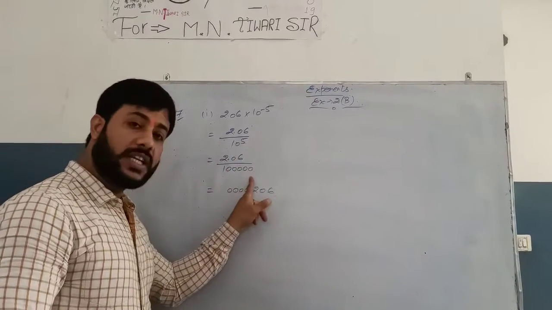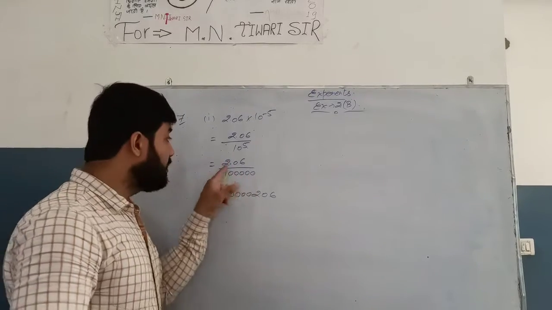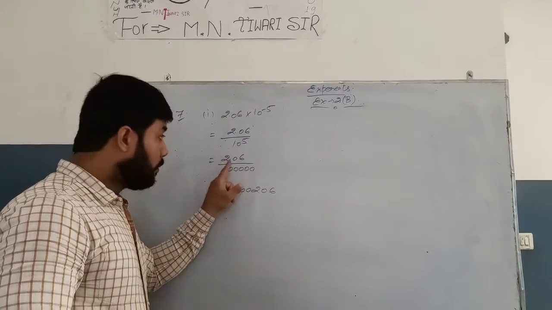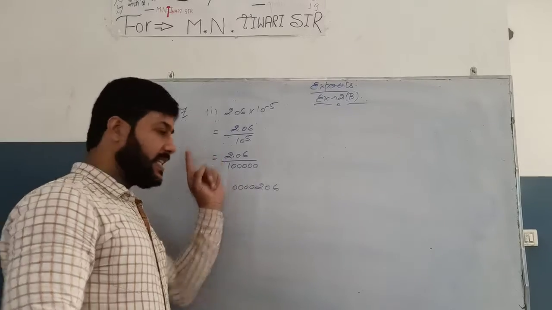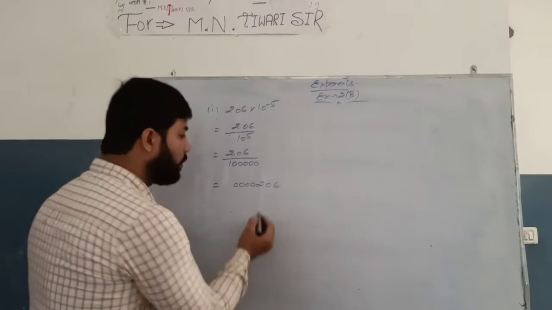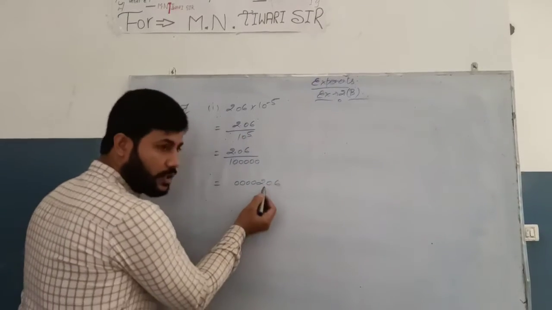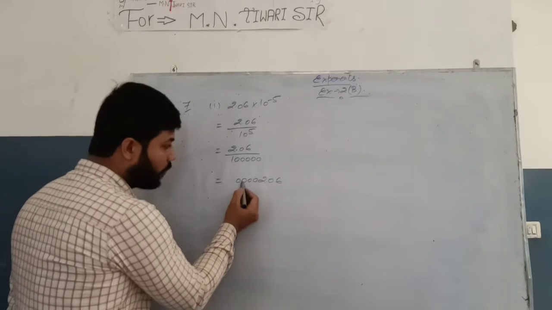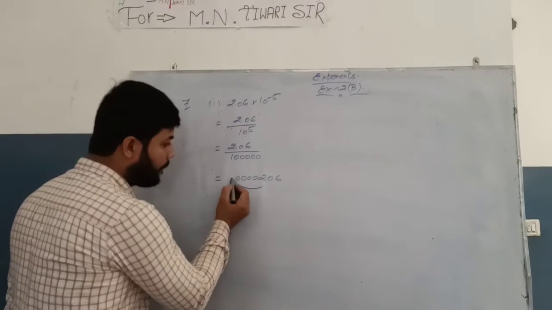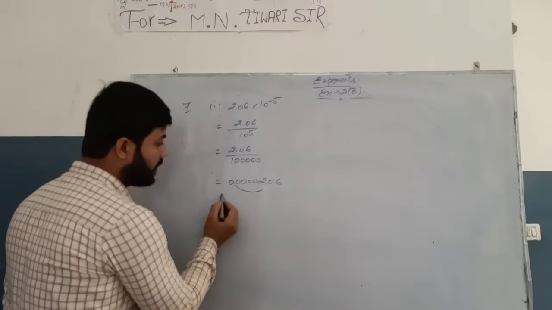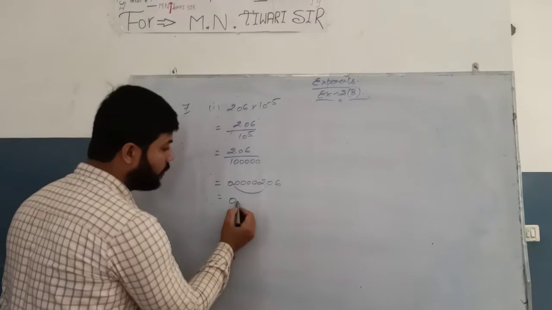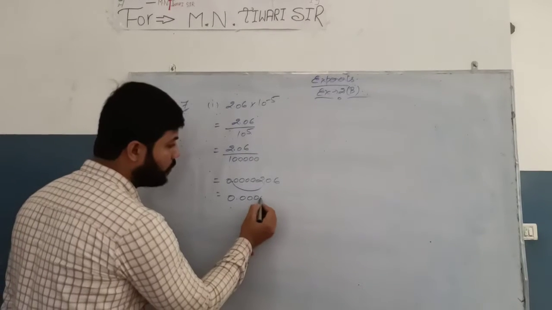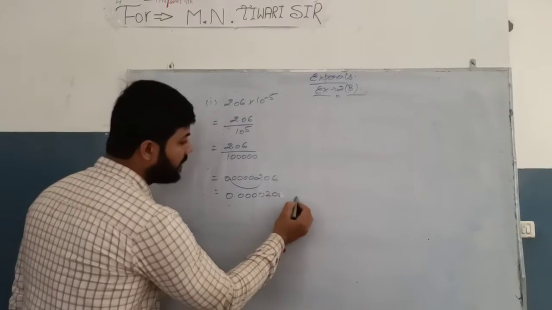We have to place this decimal after 2, shifting 5 places. So 5 places we will count from here: 1, 2, 3, 4 and 5. So this decimal comes here. So finally we can write it as 0.0000206.